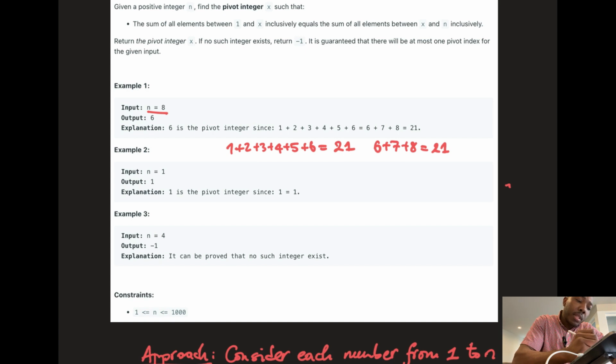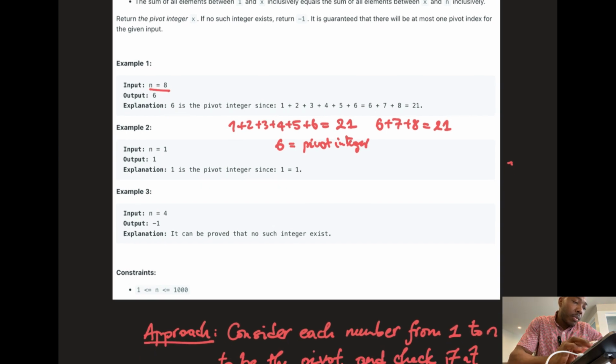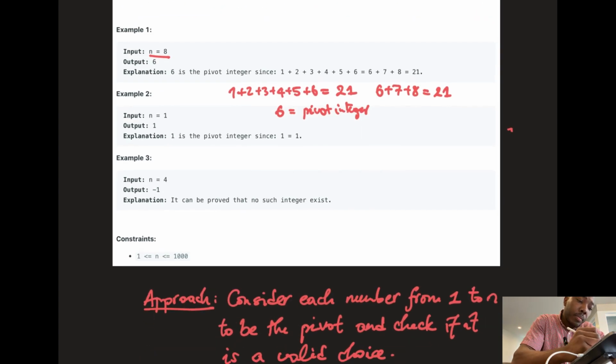So we can see that 6 is the pivot integer for the given number n equal 8. If we take example 1, 1 is equal to 1 and 1 is also equal to 1. So 1 is the pivot here.